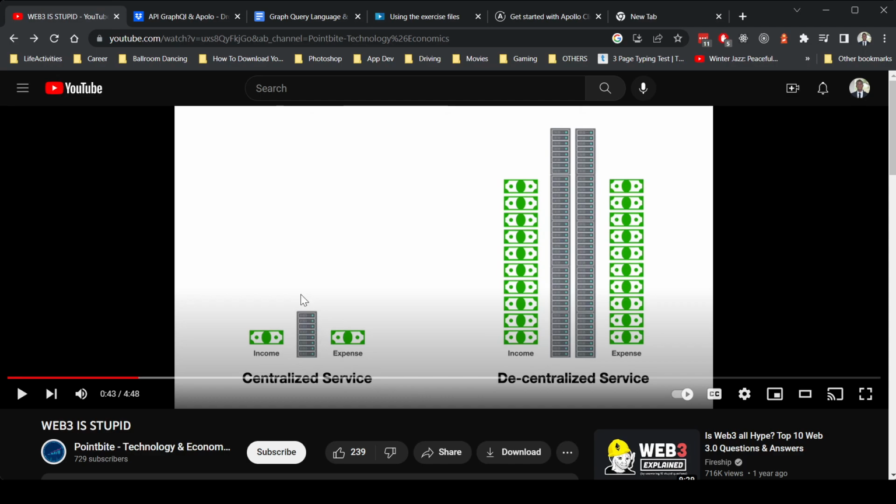I'm sure it's going to cost more to have a centralized one, because this here is a very small data storage space in comparison to this amount of storage space, just by looking at it.